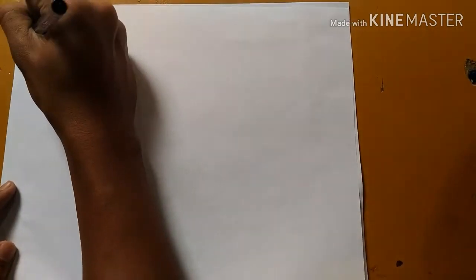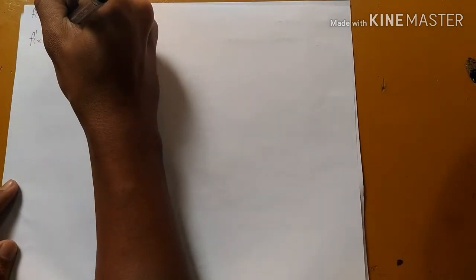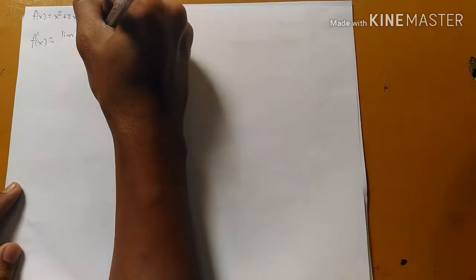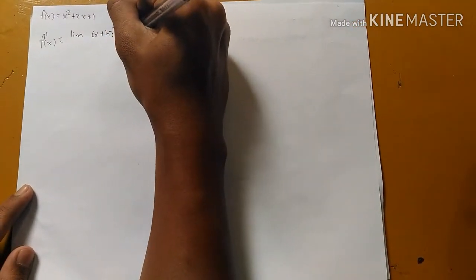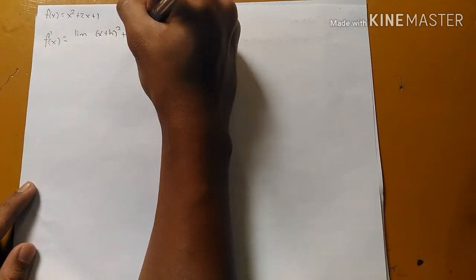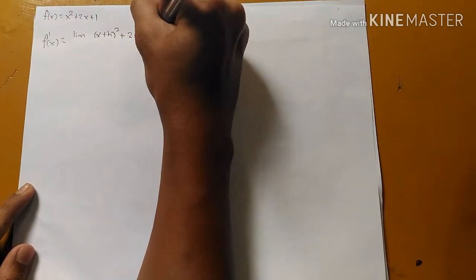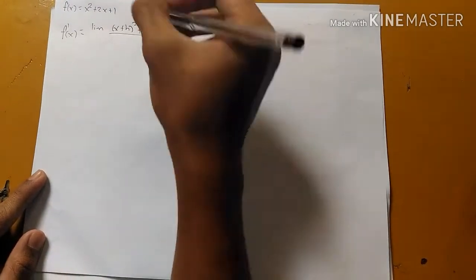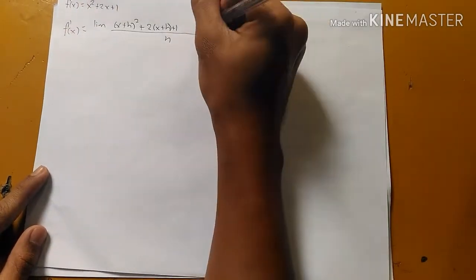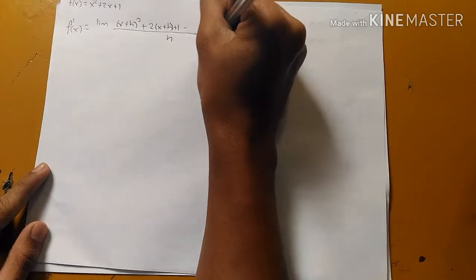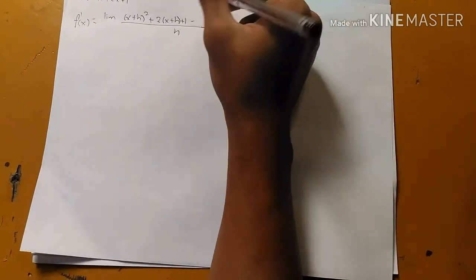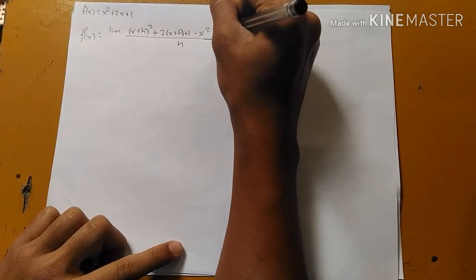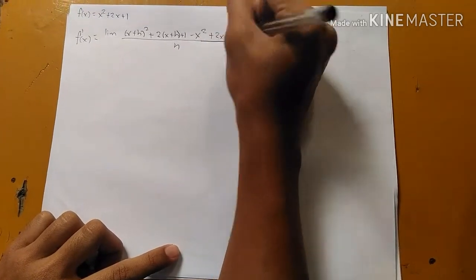The f prime of x is equal to the limit of (x plus h) squared plus 2 times (x plus h) plus 1, all over h, minus, just copy the function, x squared plus 2x plus 1.